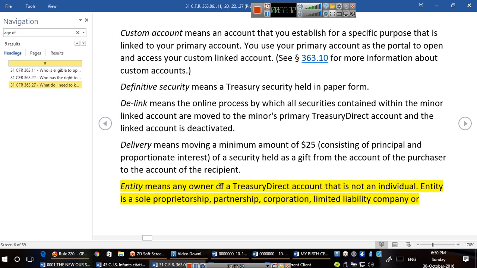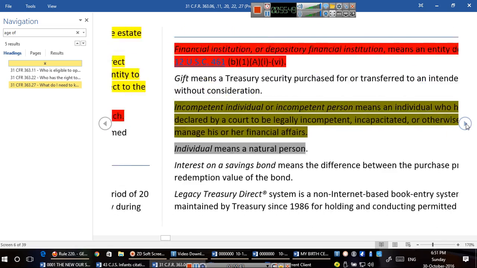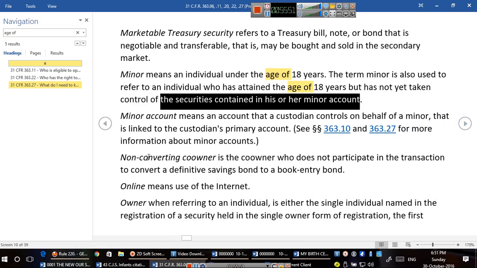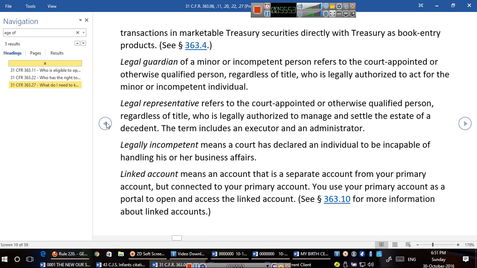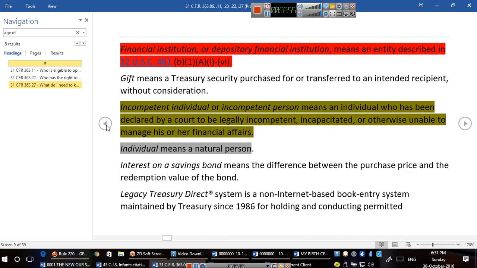An entity means any owner of a Treasury Direct account that is not an individual. An entity means any owner that is not an individual, but we already found out what an individual means. It means an entity or person. You don't believe me? Let's go back to individual. No, that's minor. It's in alphabetical order.